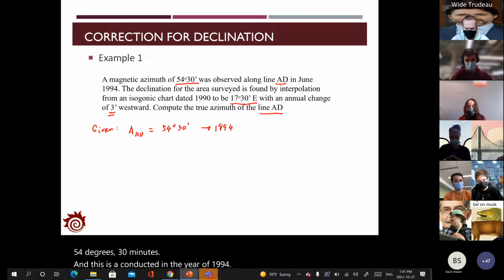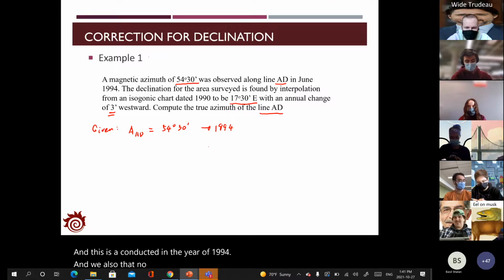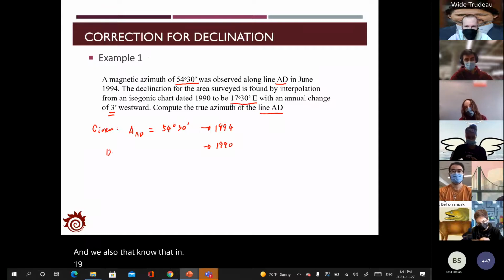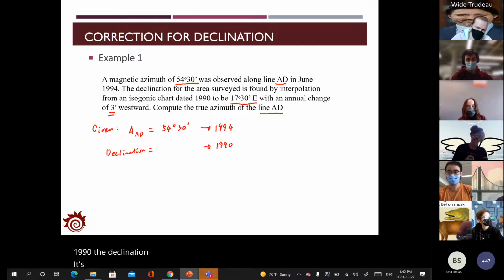And we also know that in 1990, the declination is 17 degrees 30 minutes to the east.